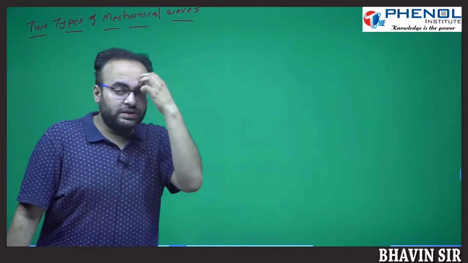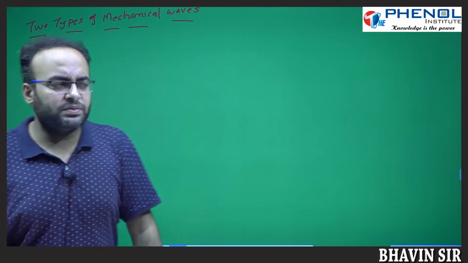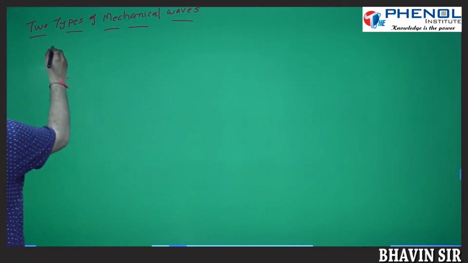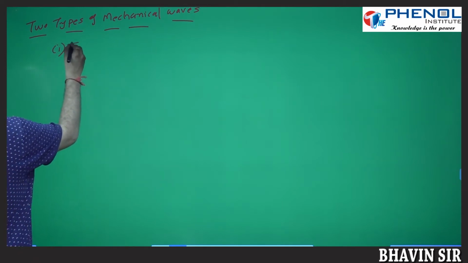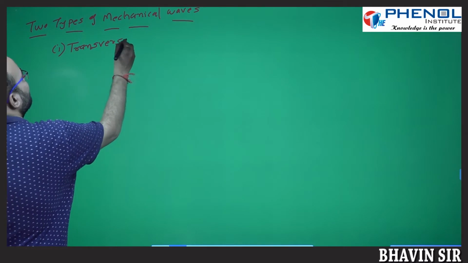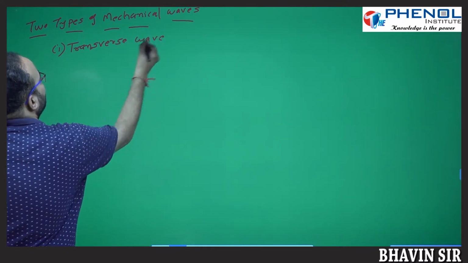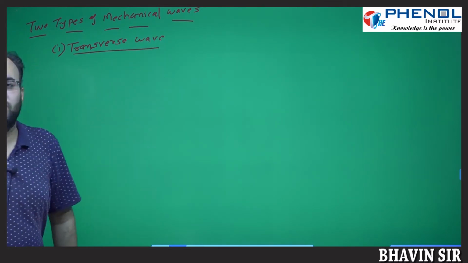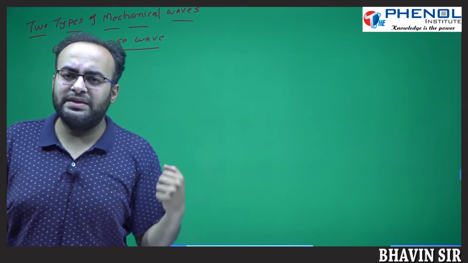So now see students, 2 types of mechanical waves. First is transverse wave and then longitudinal. So what is the meaning of transverse wave, students?